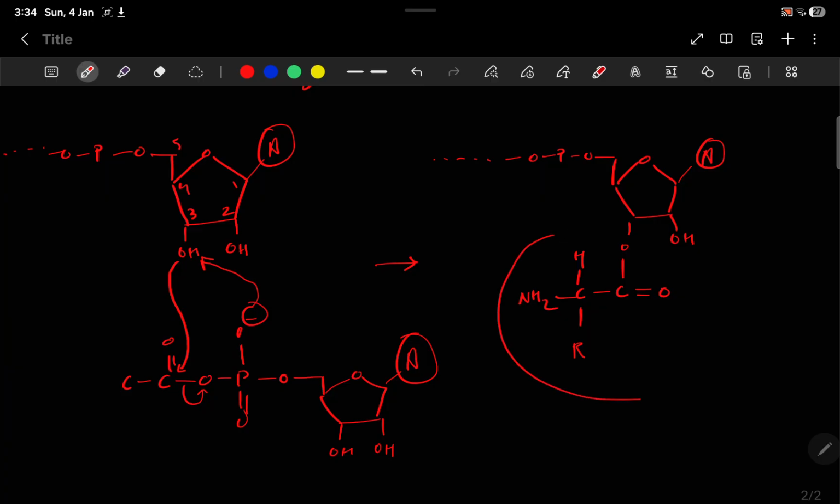Now this amino acid is placed at the 3' end of our sugar. This is called charged tRNA, and this charged tRNA is called aminoacyl tRNA.